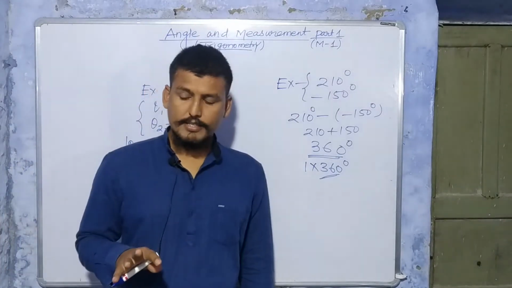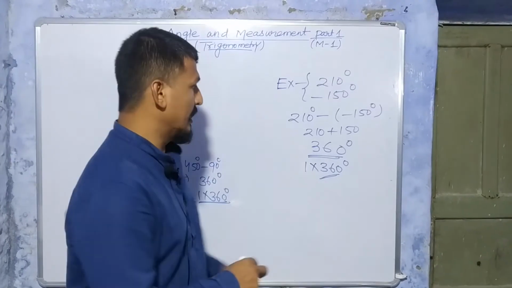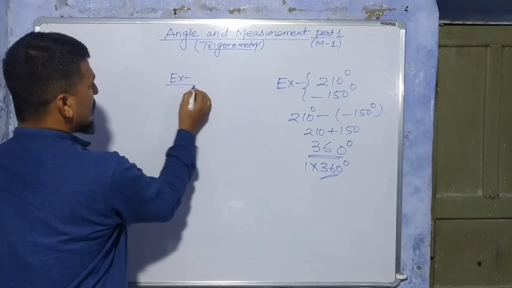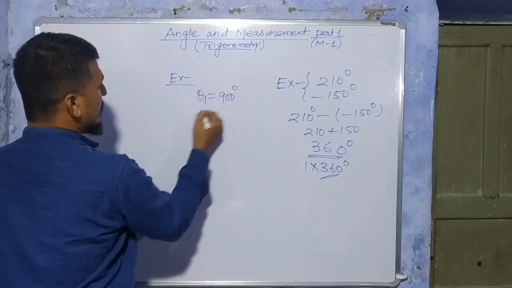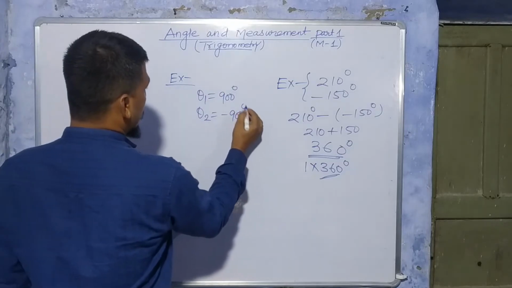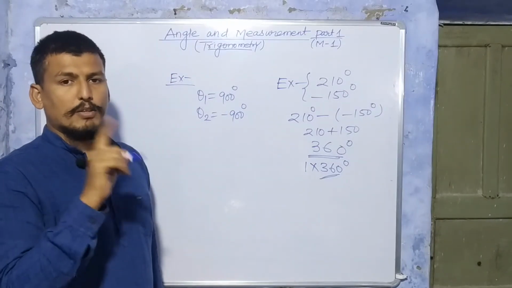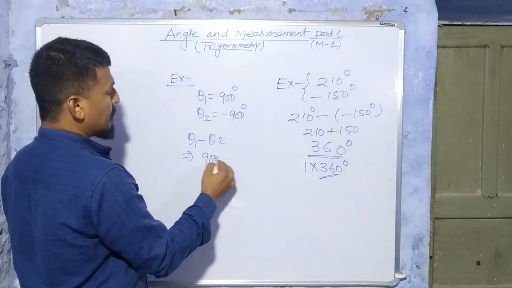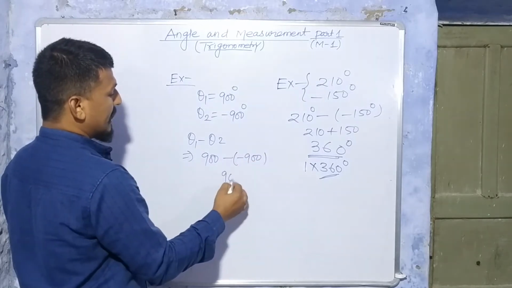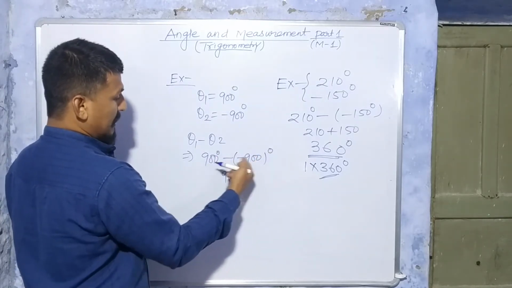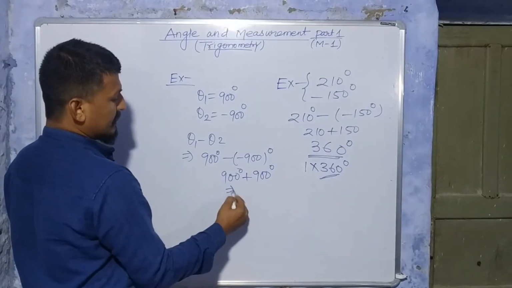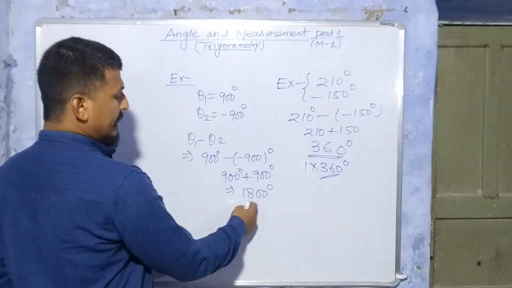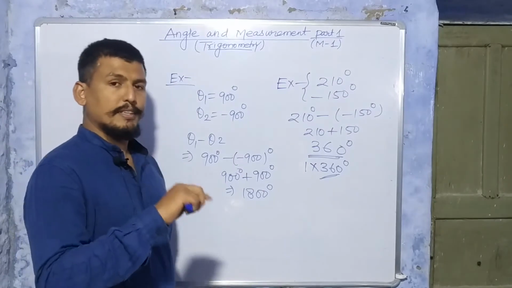I hope the concept of co-terminal angles is now clear. Let's take one more example from our textbook. Example number 2. Suppose theta 1 is 900 degrees and theta 2 is minus 900 degrees. Are the following pair co-terminal or not? See, the difference is 900 minus (minus 900), which becomes 900 plus 900, that is 1800 degrees. Is 1800 degrees an integral multiple of 360 or not?